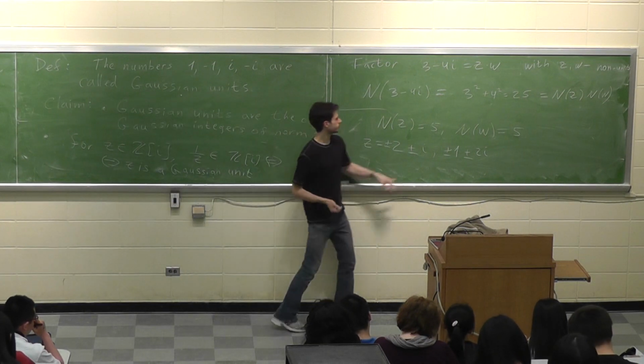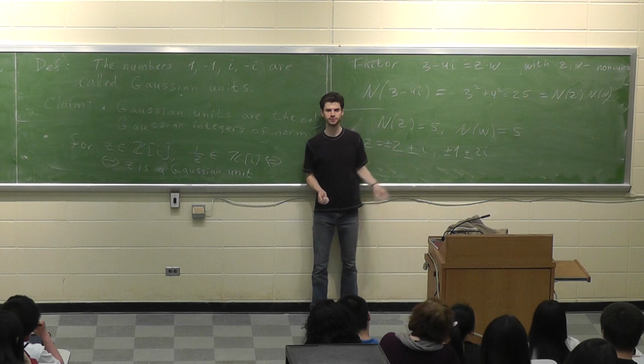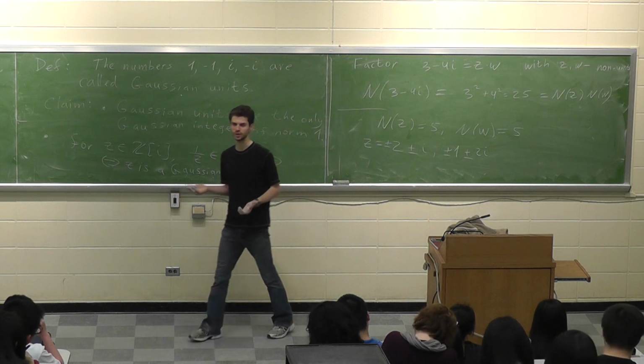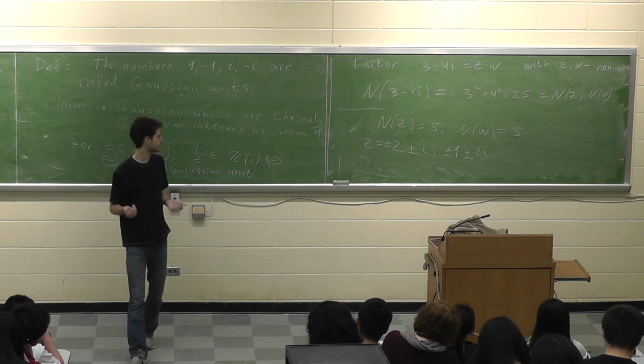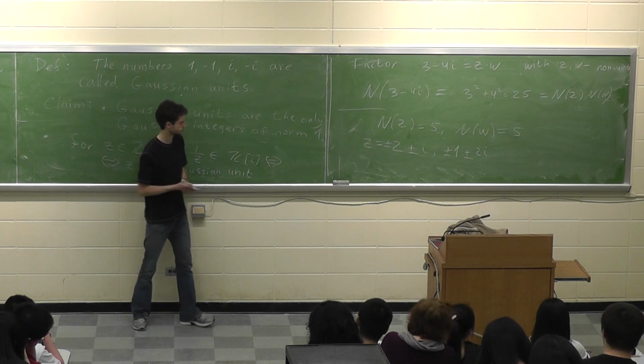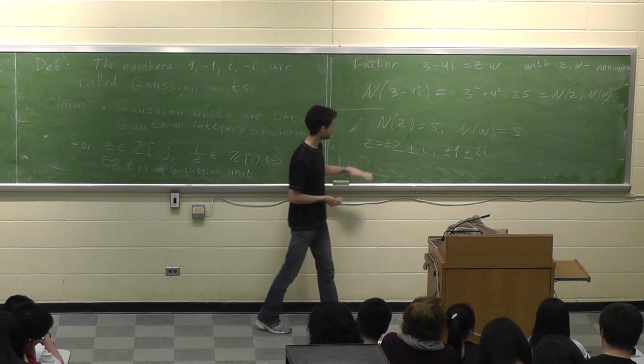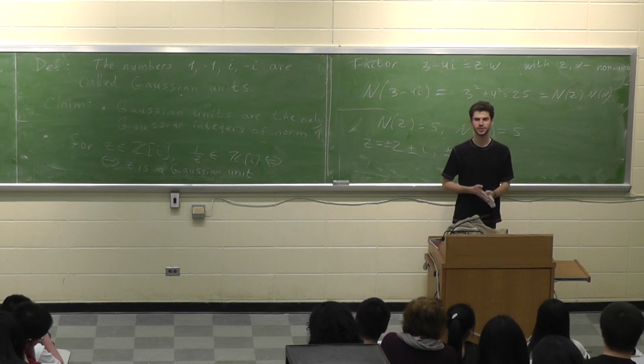If you want the sum of two squares to be equal to 5, one of the numbers should be equal to 1, and the other number should be equal to 2. No other options. Well, we have 8 options.